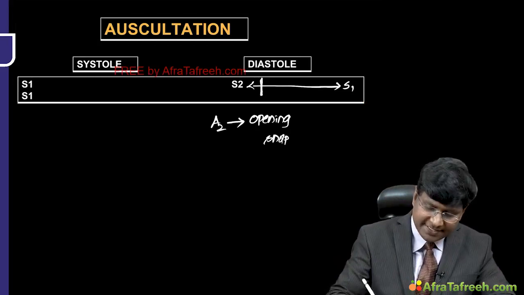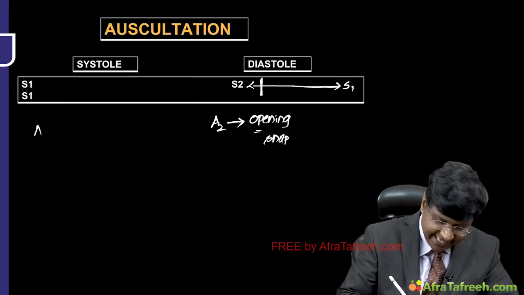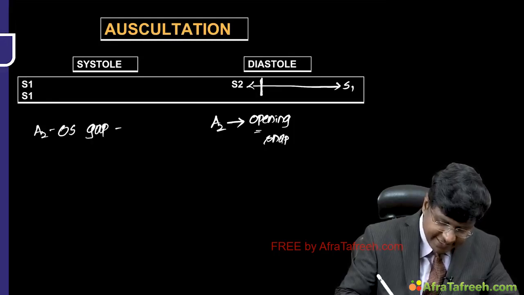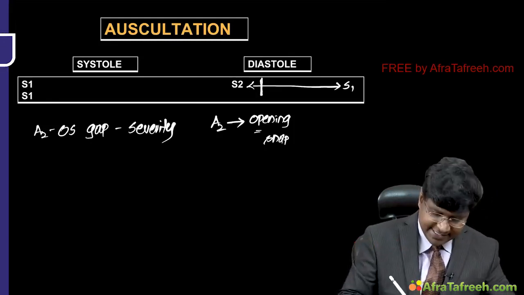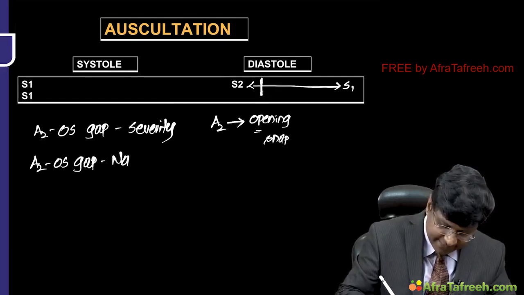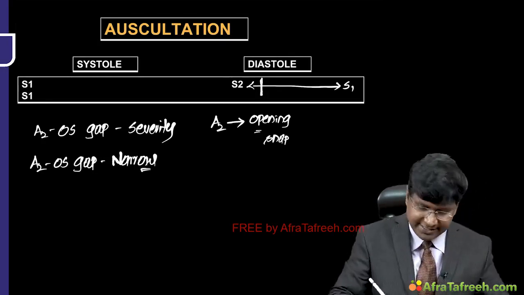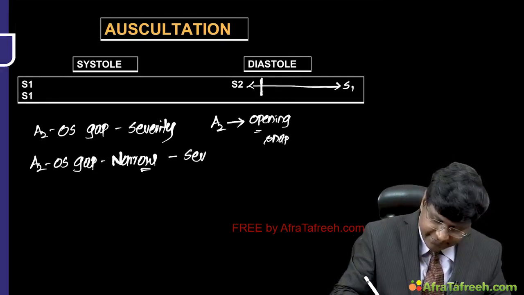This opening snap is heard immediately after A2. This A2-OS gap will decide the severity of the mitral stenosis. If the A2-OS gap is narrow, that tells the individual has severe or very severe mitral stenosis.